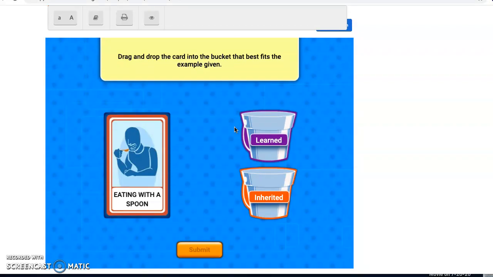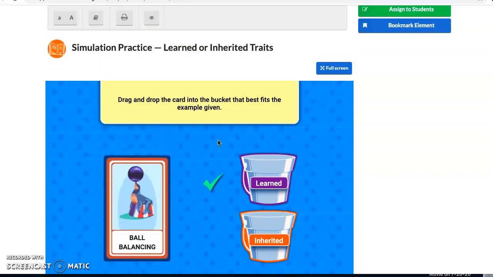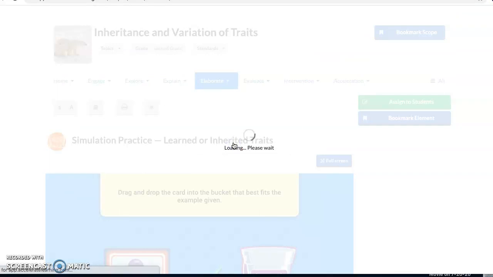So this is great for our virtual time when we can't be doing that in person, a lab type of activity. So in this one, eating with a spoon, is that learned or inherited? And then it gives us that instant checkpoint so students can know whether they mastered that or not. So there's 2 of those.